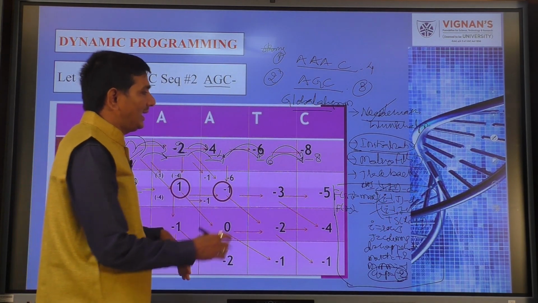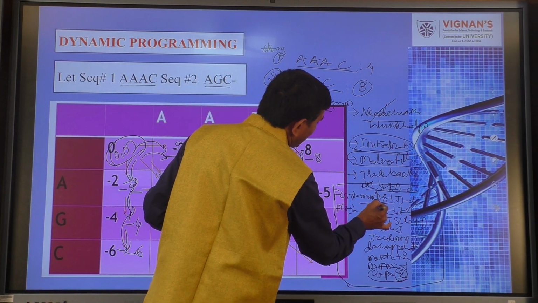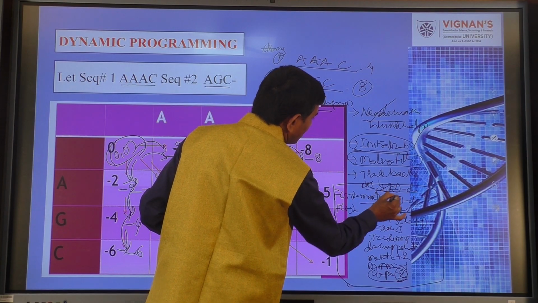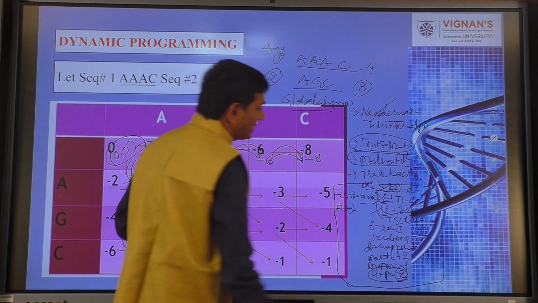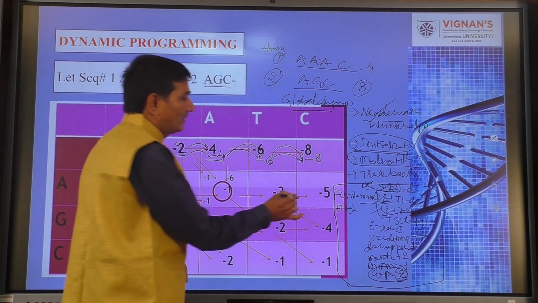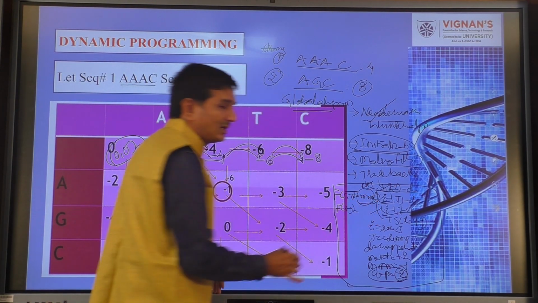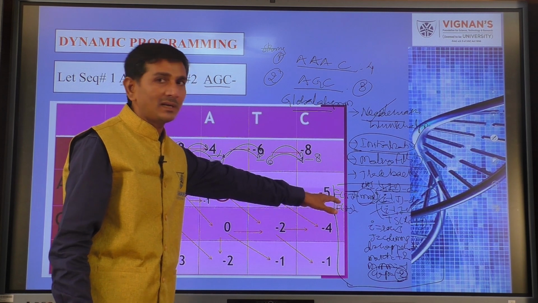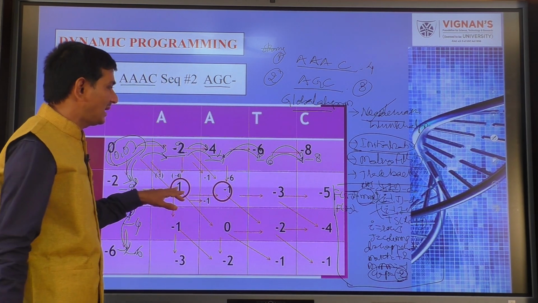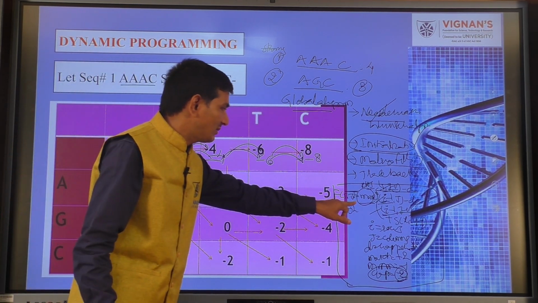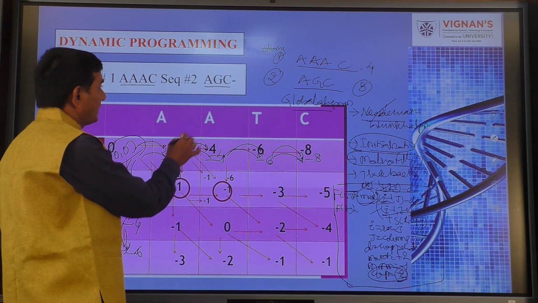So, let us calculate all three values across three directions, change in column, change in row, and change in both row and column, and then find the maximum of the three values and assign that value to that particular box. Let us calculate the values for each box.